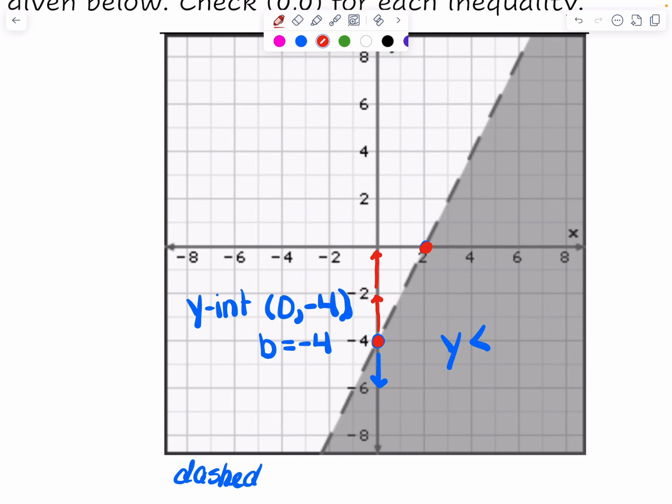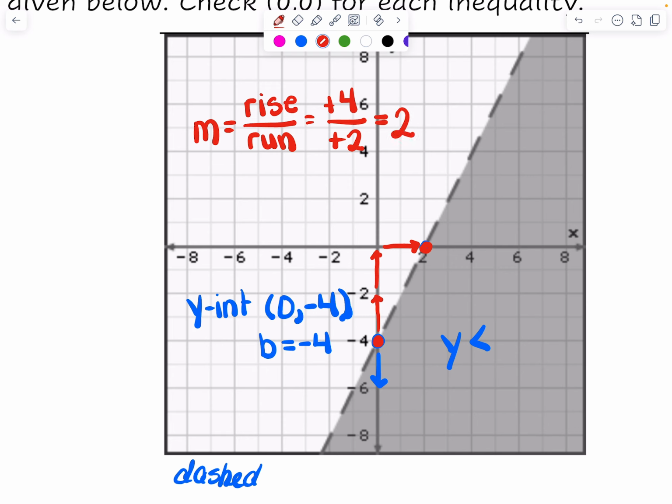So the rise is up 4, the run went right 2. So for the slope, rise is what goes in the numerator, run is what goes in the denominator. Since it went up, that's +4. Since it went right, that's +2. And that reduces to 2.